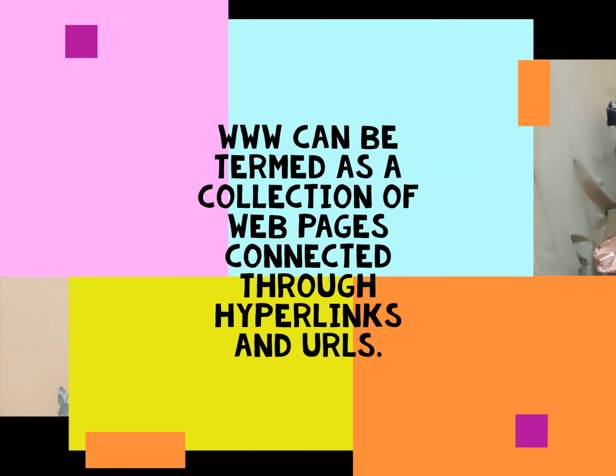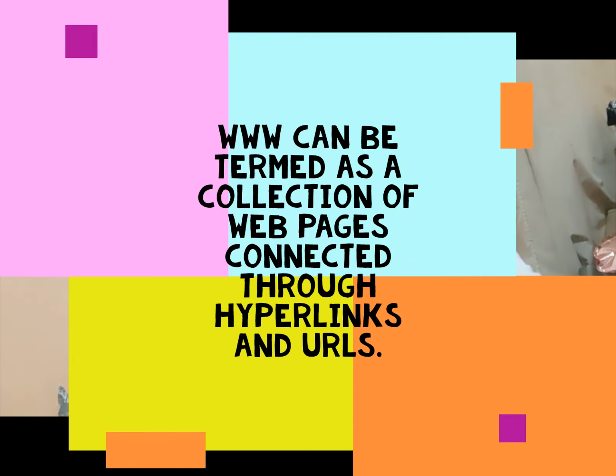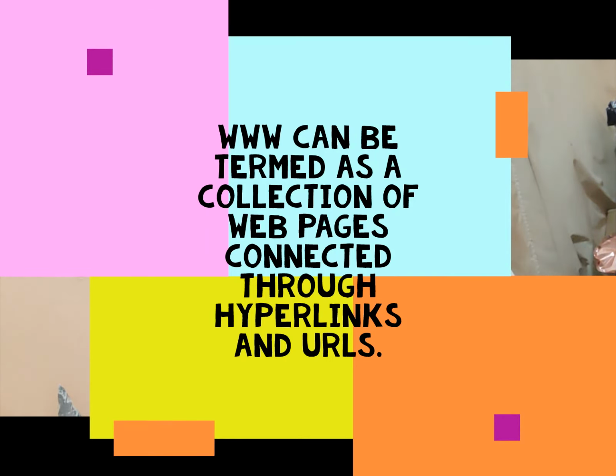So again, I have here in my laptop the definition, with more supporting details about the World Wide Web. The World Wide Web can be termed as the software part. It is a collection of web pages connected through hyperlinks.